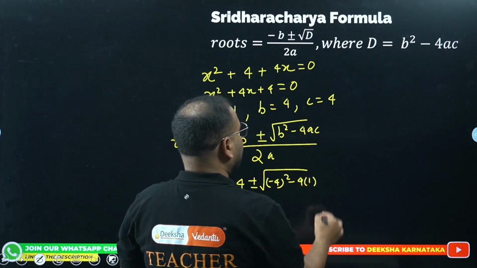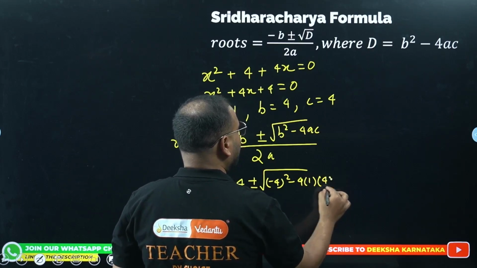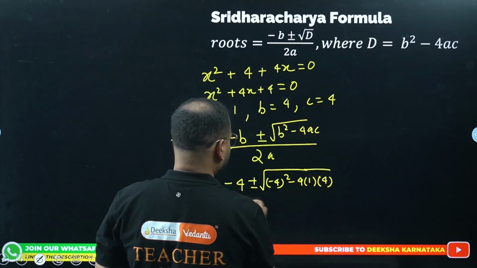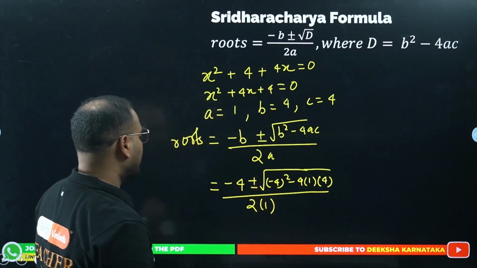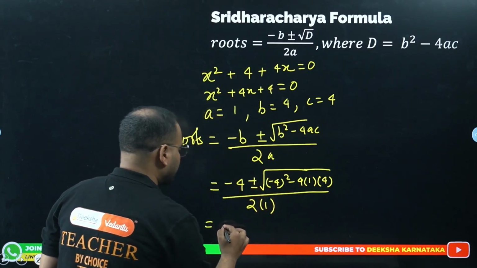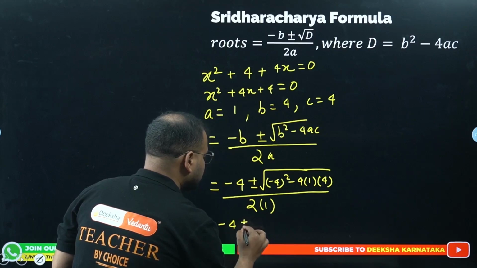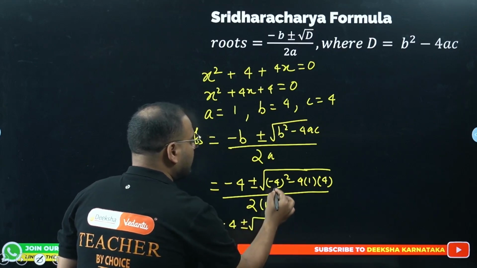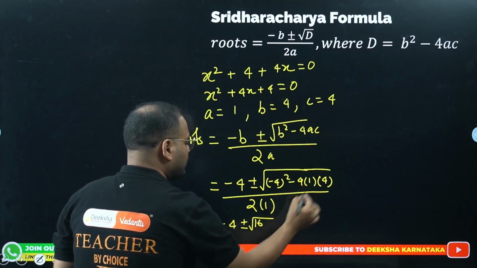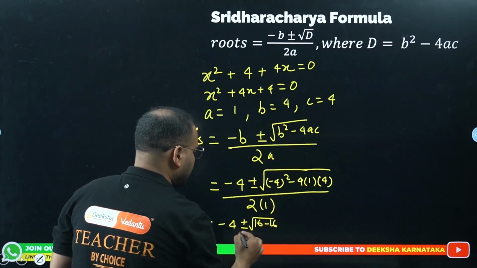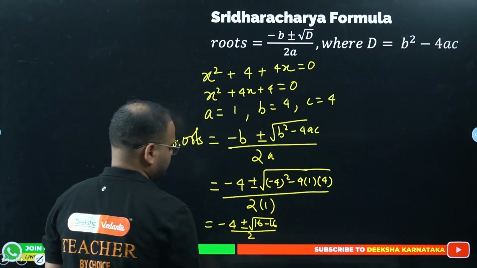A is 1 and C is 4, by 2a. A is again 1. What do I get here? Check it out. Minus 4 plus minus root of minus 4 square is 16, minus 4 into 4, minus 16, upon 2.